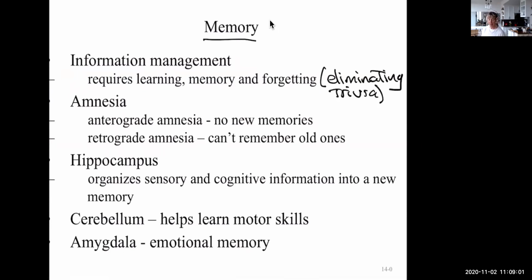Eliminating trivia is not required for survival or for basic function. If someone has a very difficult time forgetting, it can interfere with reading comprehension.